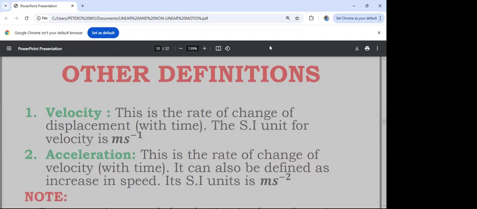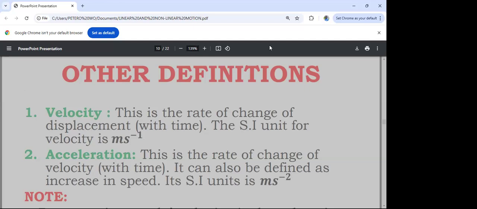And then after velocity, there is another definition called acceleration. We define acceleration as the rate of change of velocity with time. So if someone tells you to accelerate, that means you have to change your velocity, or in other terms, change your speed.